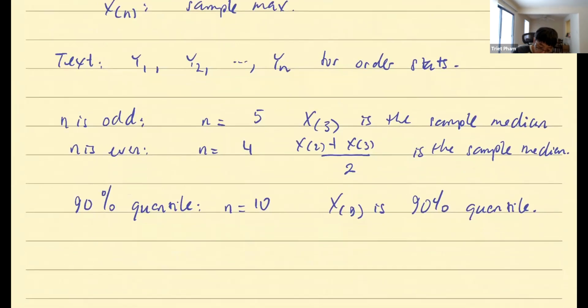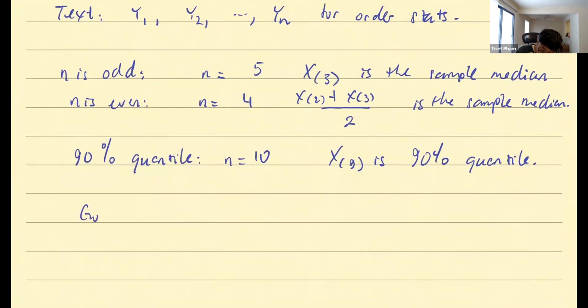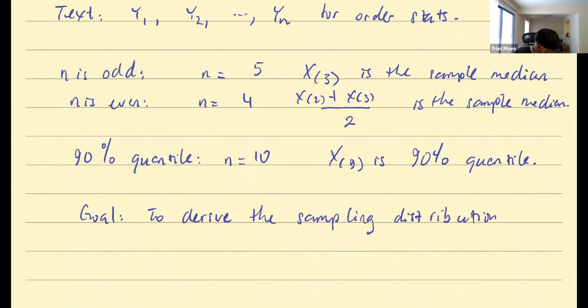So our goal is to derive the sampling distributions of the order statistics. That's the goal of this section.